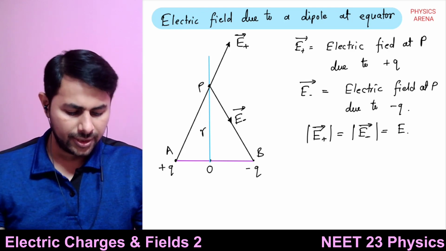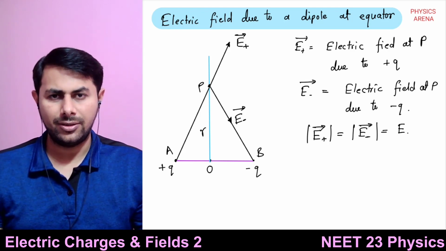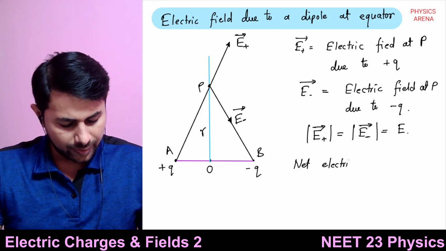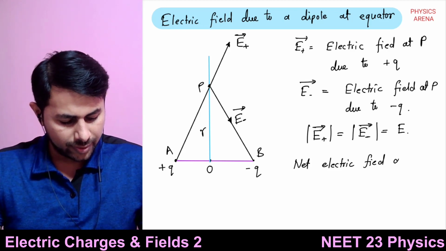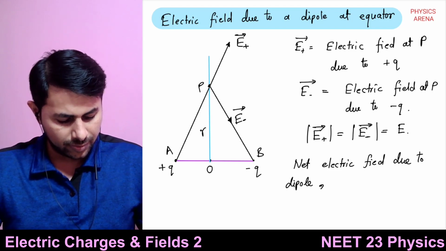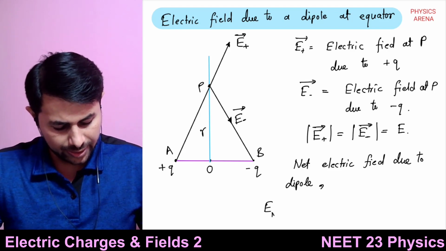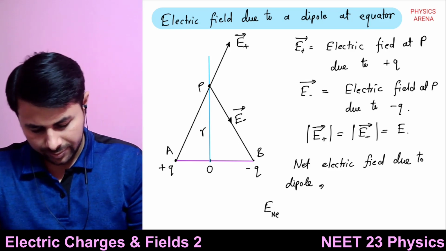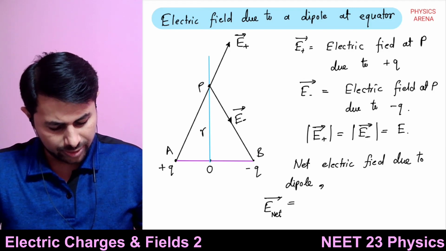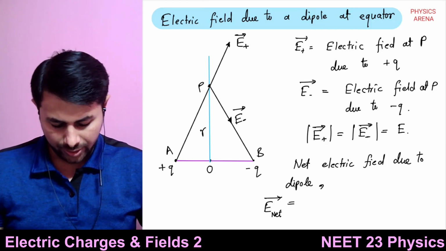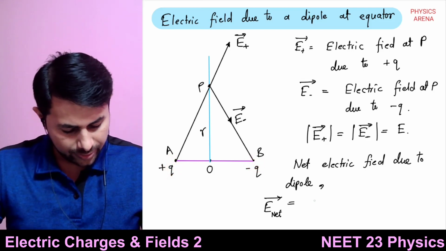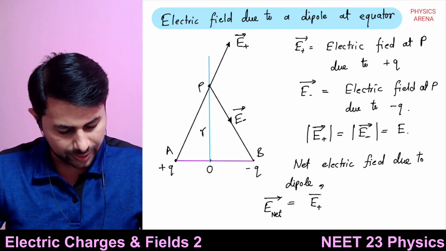Okay, now what would be the net electric field? The net electric field due to the dipole, let's call it E net, is just the vector sum of the electric field due to the positive charge plus the electric field due to the negative charge. This is the principle of superposition.